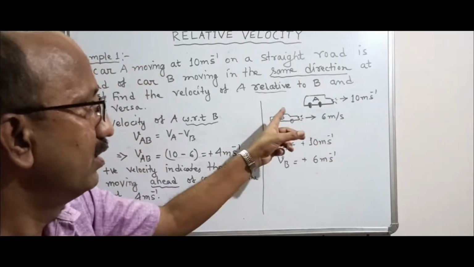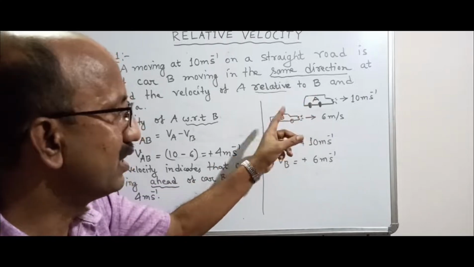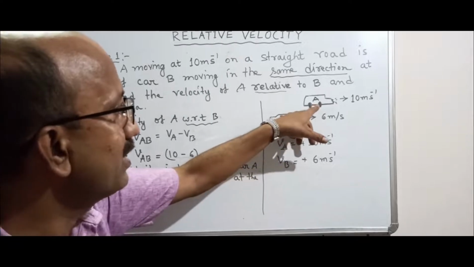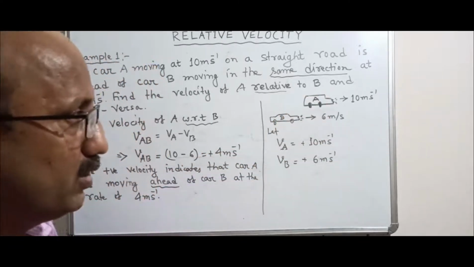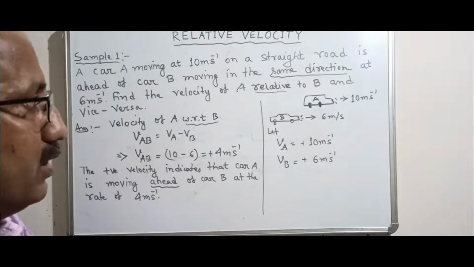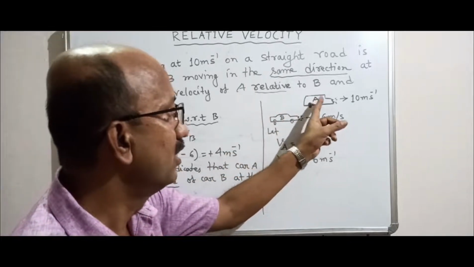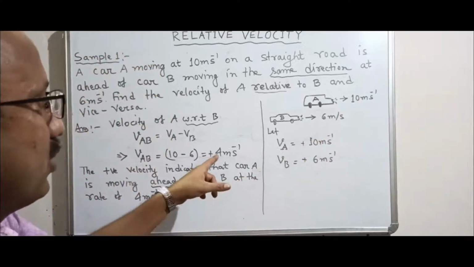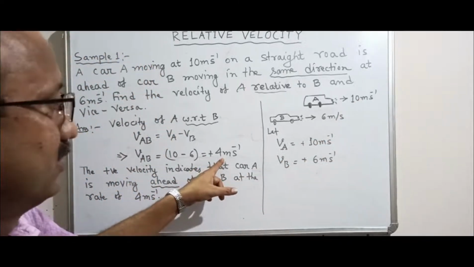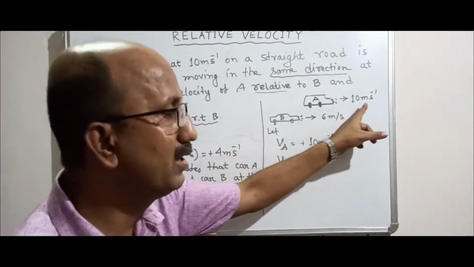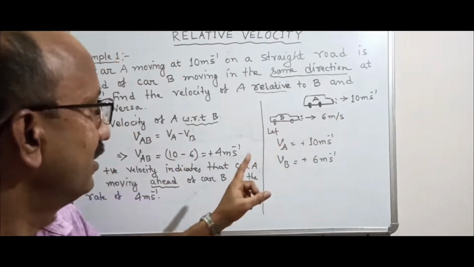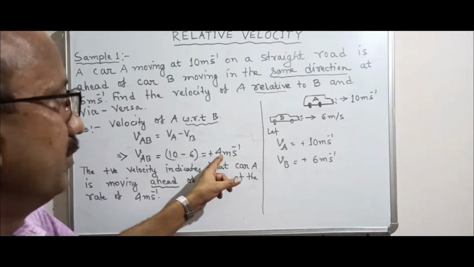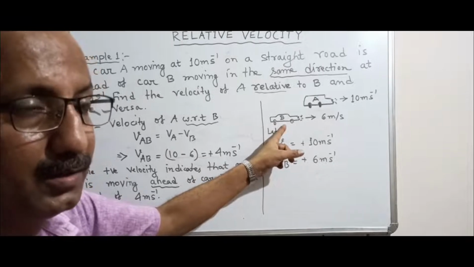It's correct. If you are driving and someone is driving a car, and if you are in car B, what do you see? You always see that car A is moving ahead of him, but with what velocity the car is moving? You will not see the velocity of the car to be moving at 10 meter per second. You will see the velocity of the car to be only 4 meter per second. Actually it is moving with 10 meter per second, but you will feel like the car is moving with 4 meter per second. Now why this thing comes? Because you are also in motion.